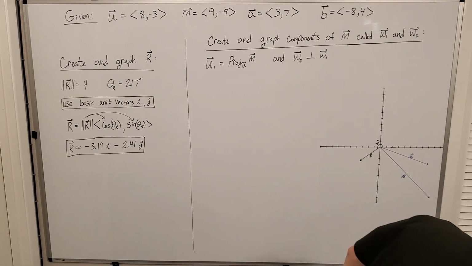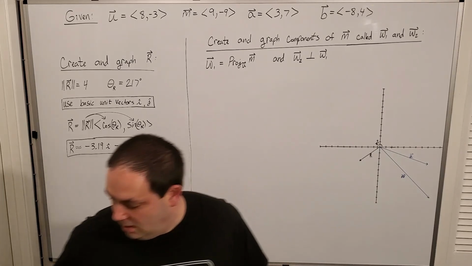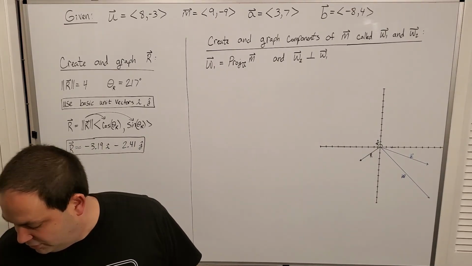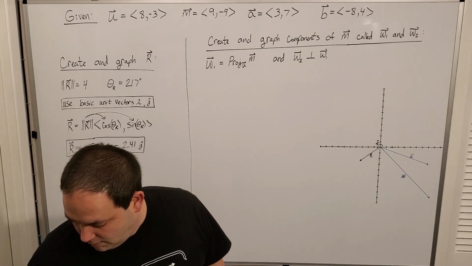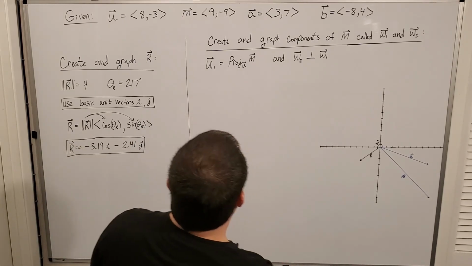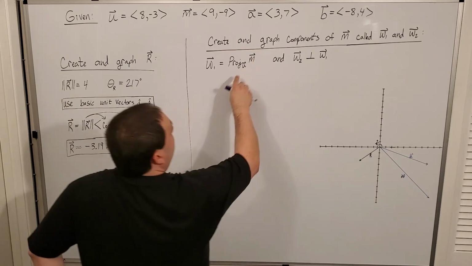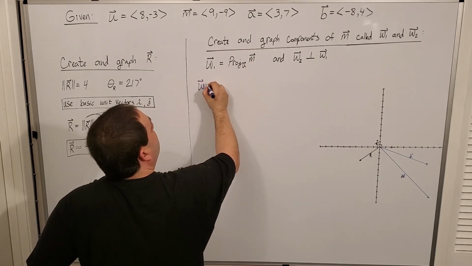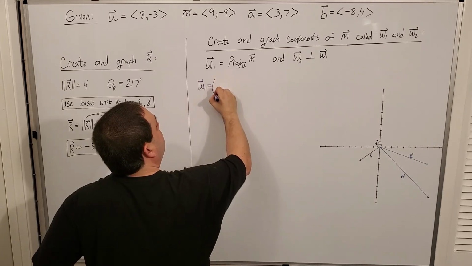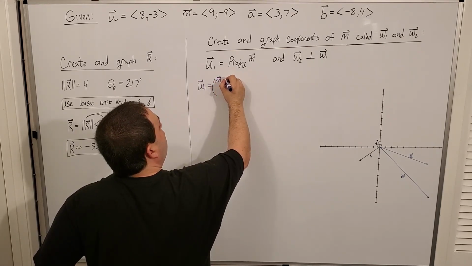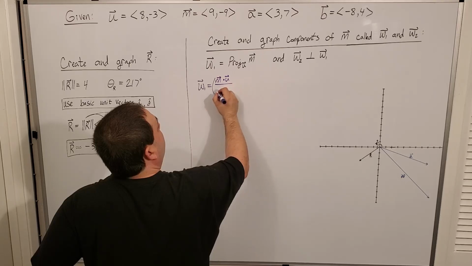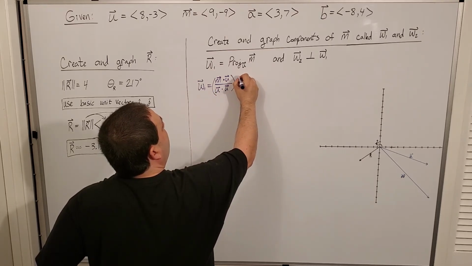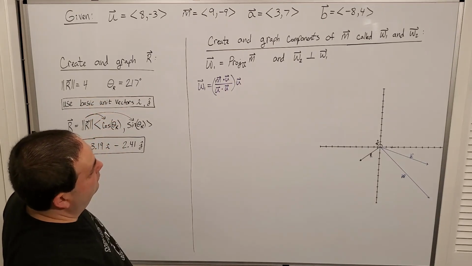Okay, so now let's compute the components of M using the projection here, right? The projection of M onto U means that W1 is going to be equal to M dot U over U dot U times the U vector, right?